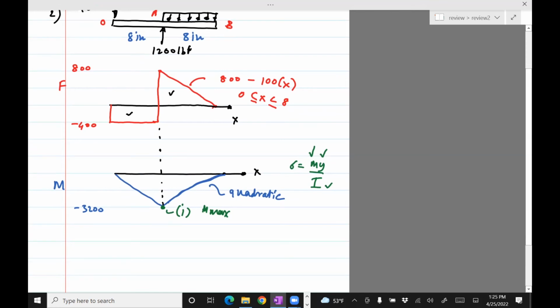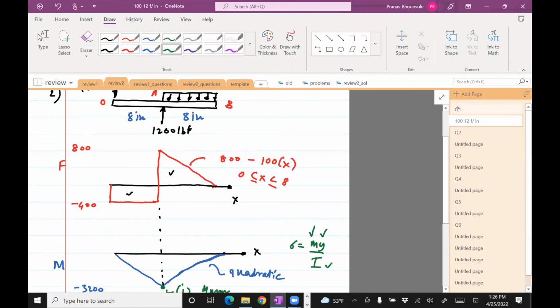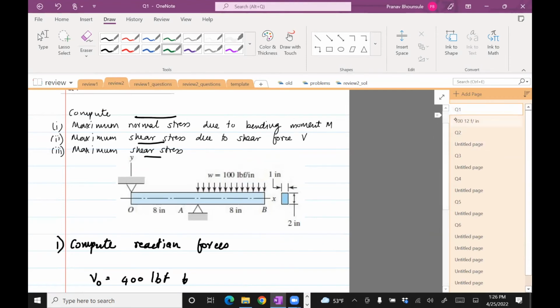So for part one, sigma equals M max y divided by I. Just put in the values so we don't spend too much time. It's 3,200. y would be, did I give the cross section? Oh, it's 1 by 2.